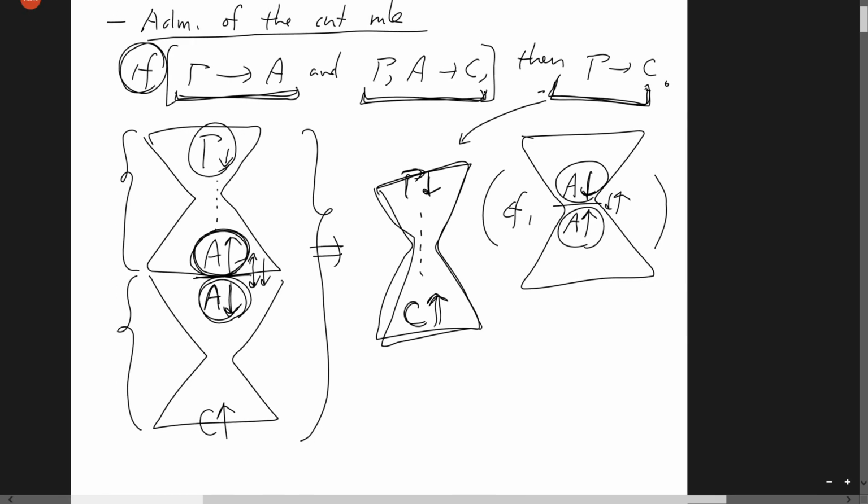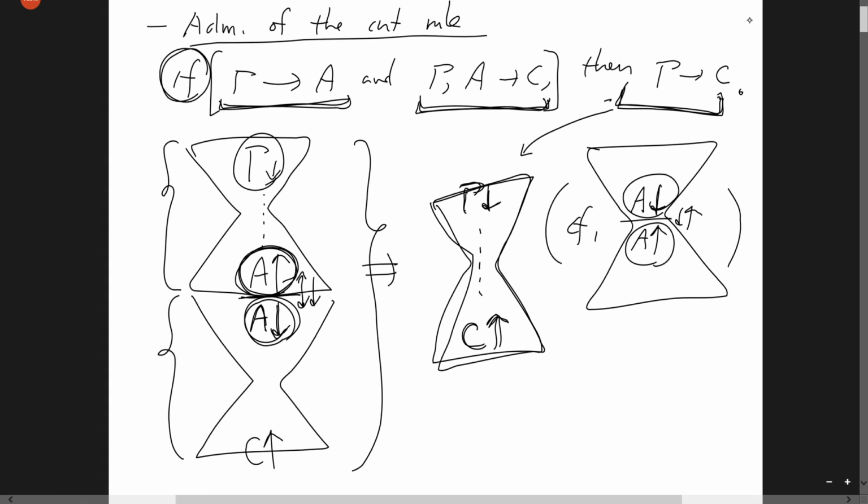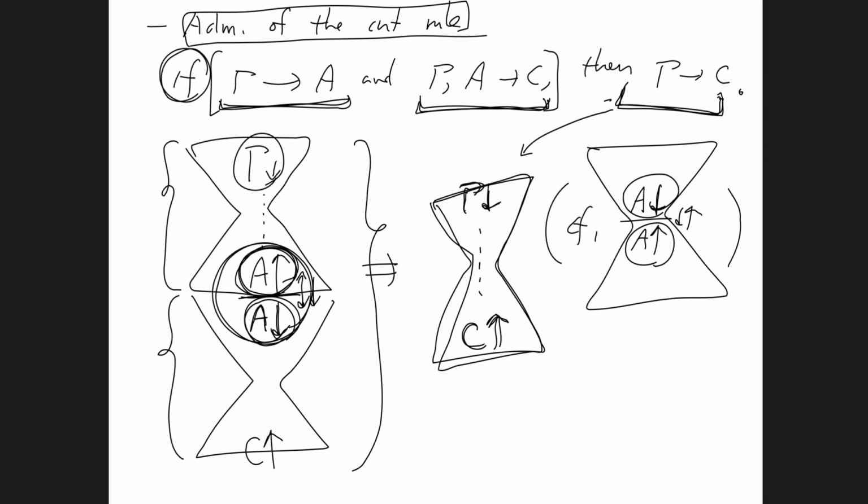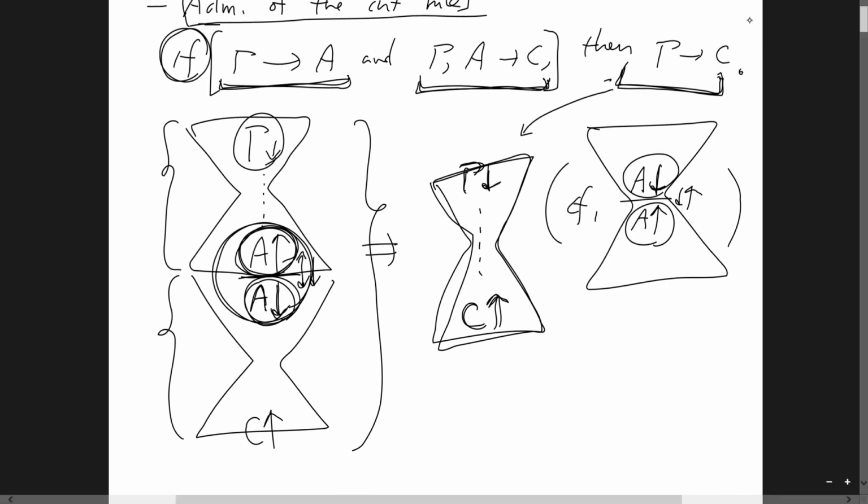So what that means is that according to this admissibility of cut rule, we can always get rid of this one. So informally speaking, this admissibility of a cut rule allows us to get rid of all instances of this rule, the application of this rule.